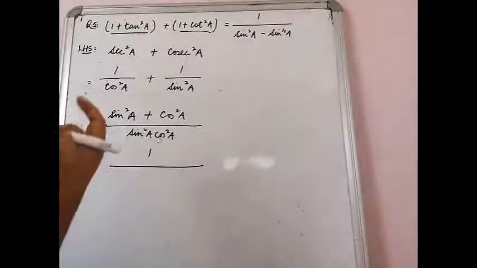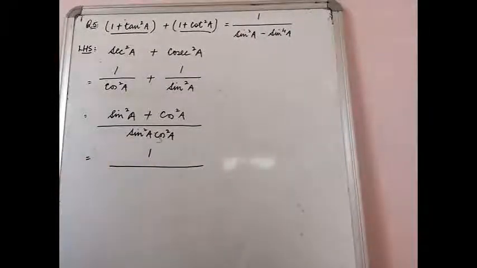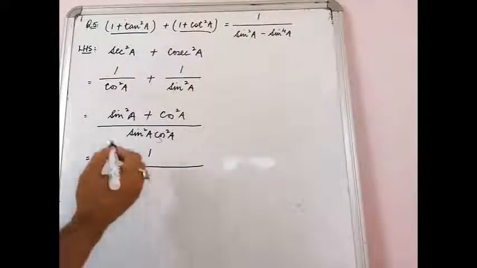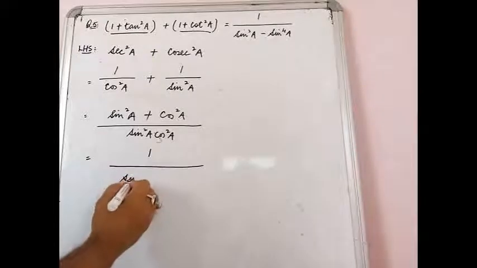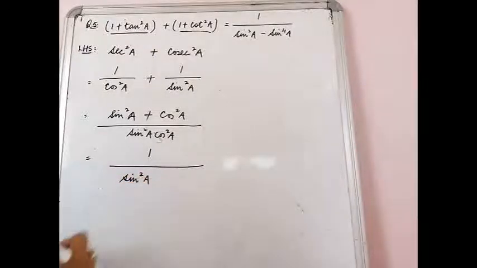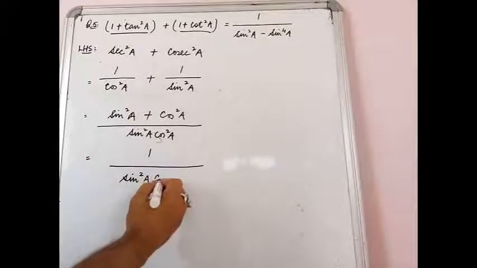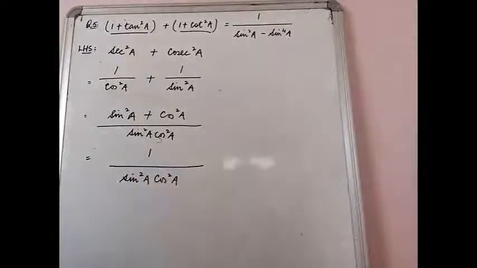So in the next step you simply have a big 1 in the numerator, and what you are left with in the denominator is sine square A into cos square A.